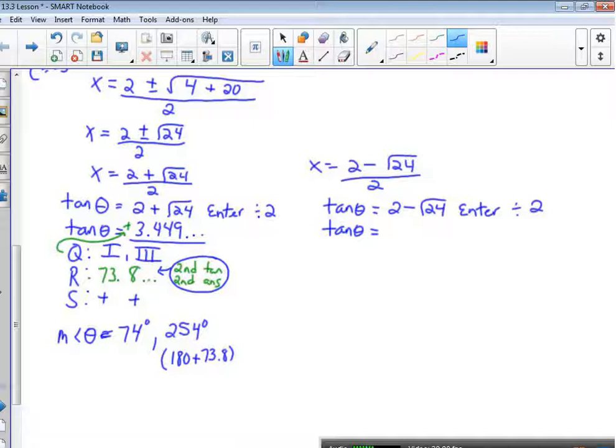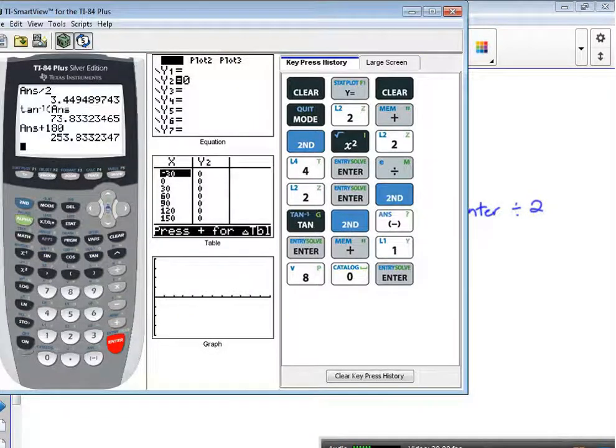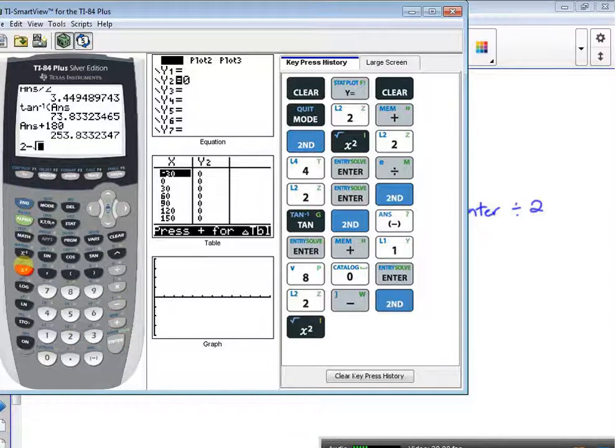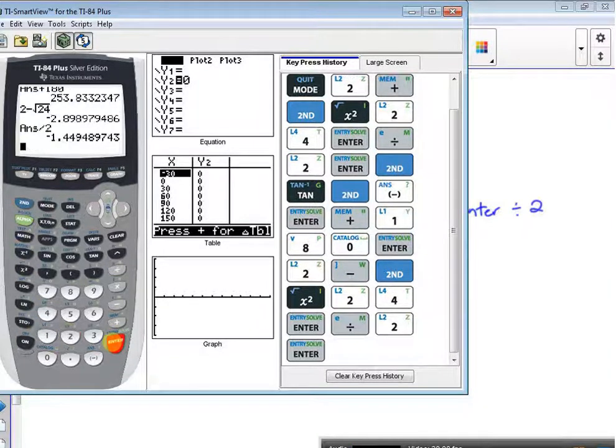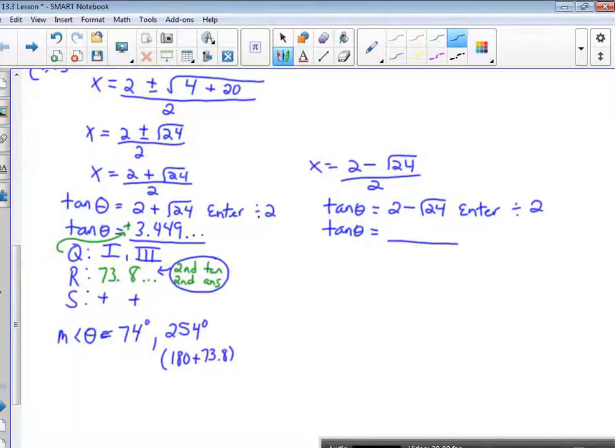So let's go to the calculator and get the tan theta. I'm going to do 2 minus second square root 24, enter, divided by 2. So negative 1.449, dot, dot, dot.